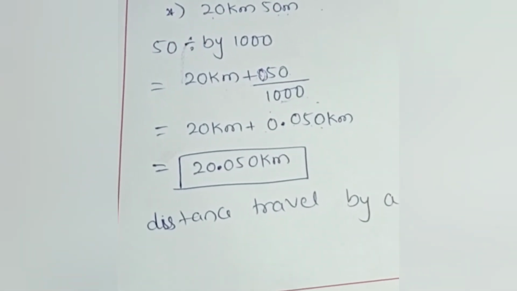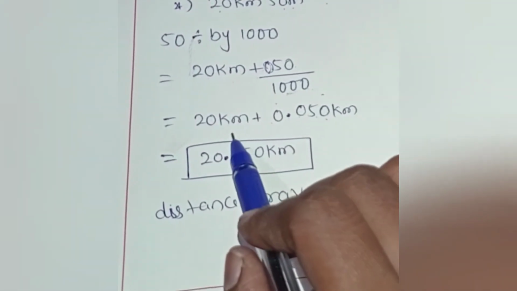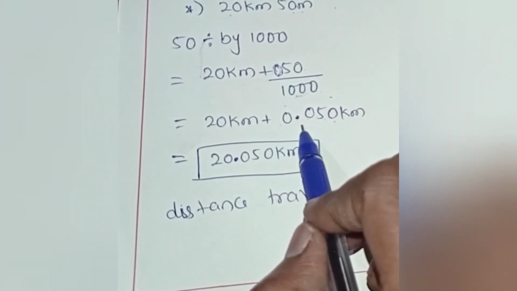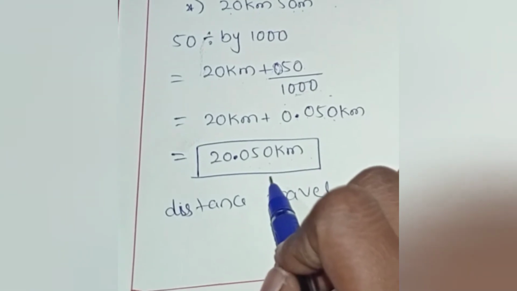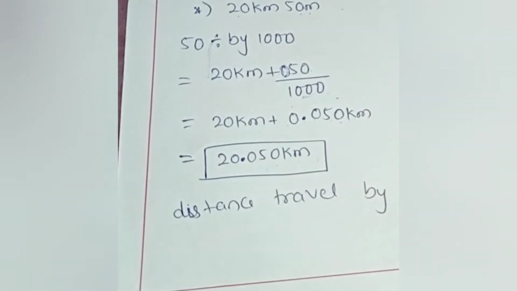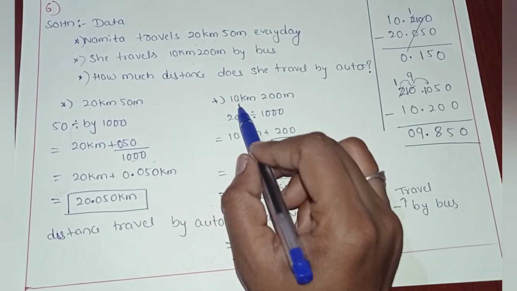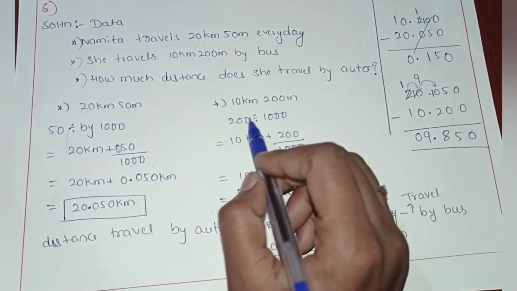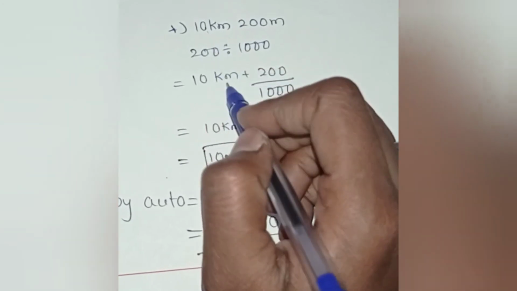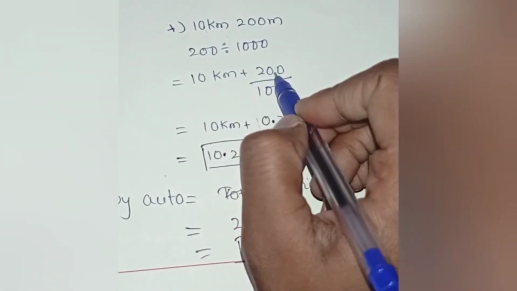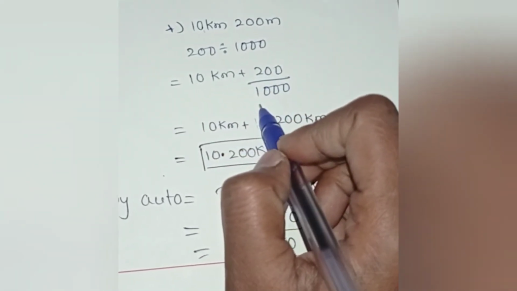Okay, and this one I am converting now. 10 kilometer, if I add these two numbers, what I'll get? 20.050 kilometer. Okay. Now, I'm converting this one. 10 kilometer 200 meter. This one I'm converting into kilometer. 10 kilometer as it is plus 200 by 1000.